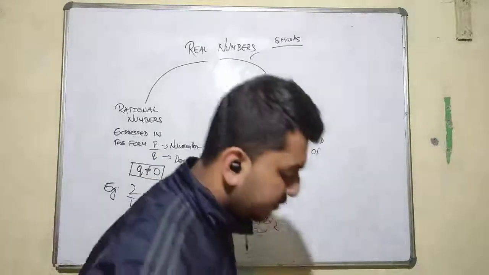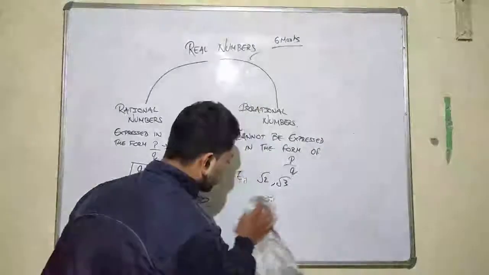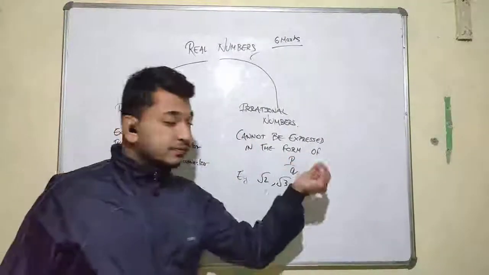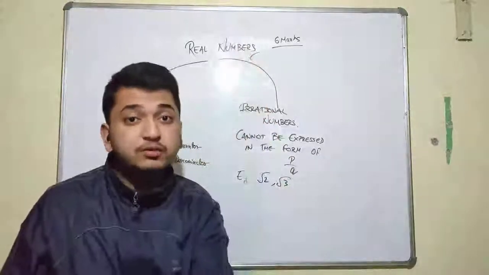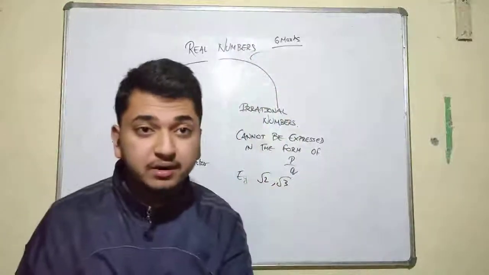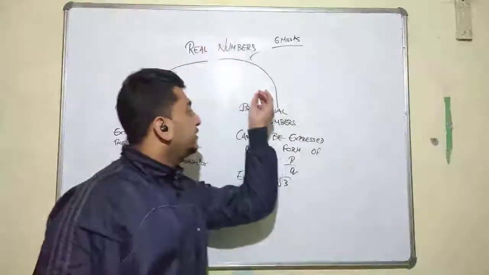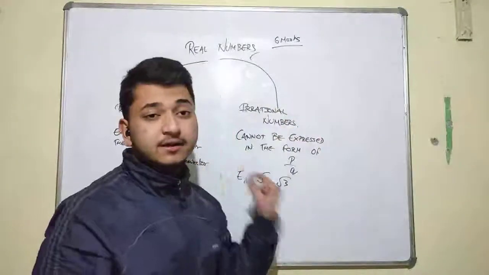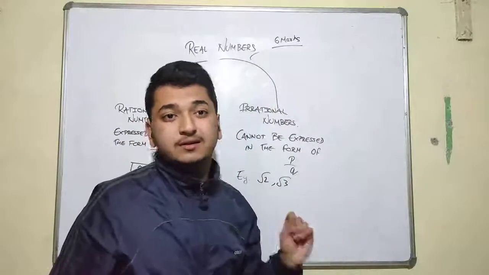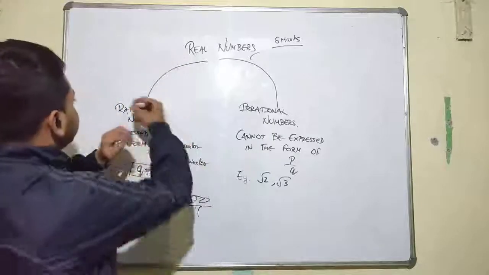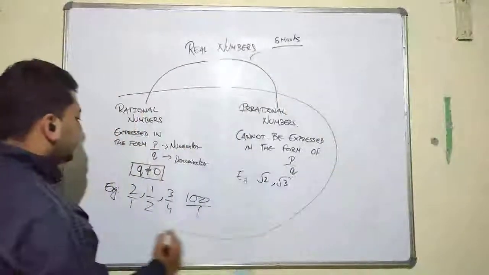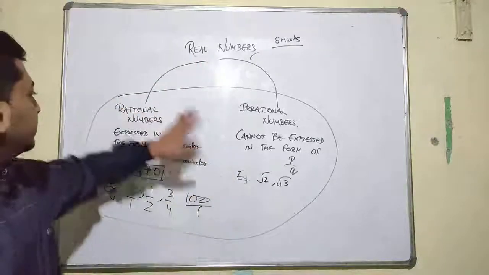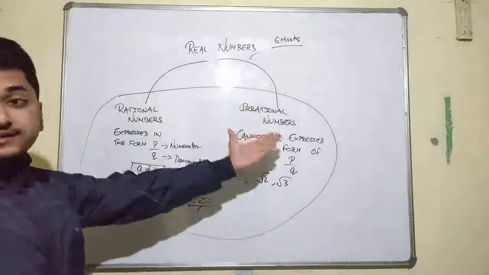So now we have something: if the number inside the root is a prime number, it will be irrational. Prime number under the root is your irrational number. Okay, easy, right? I hope you have understood this entire thing of components of real numbers, rational number and irrational number.